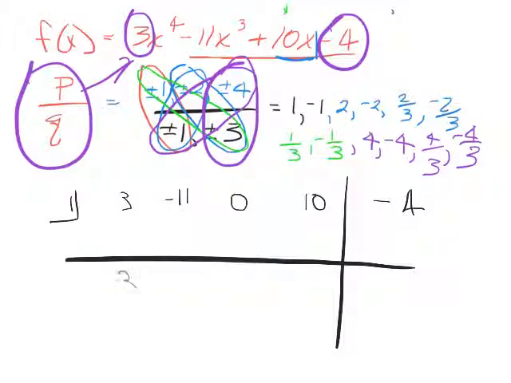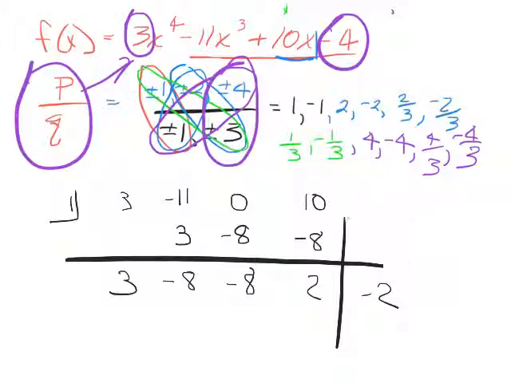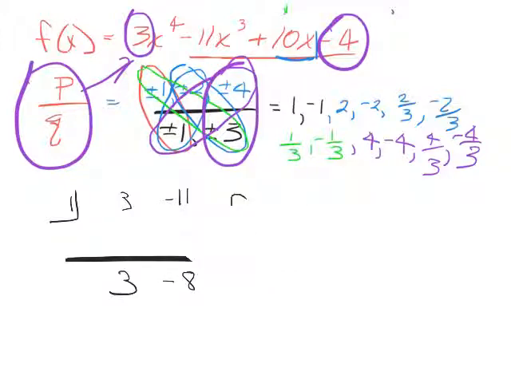So we bring down the 3, 3, negative 8, negative 8, negative 8, 2, 2, negative 2. So 1 doesn't work. We get a remainder.